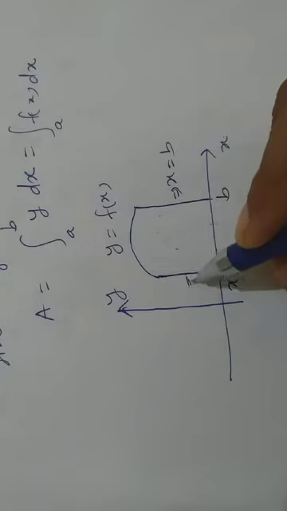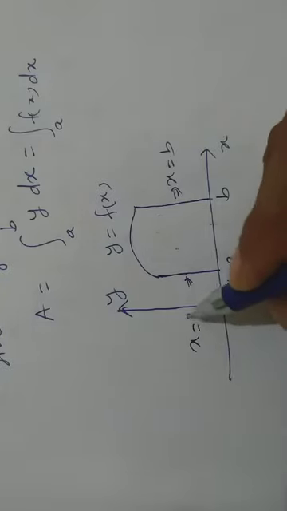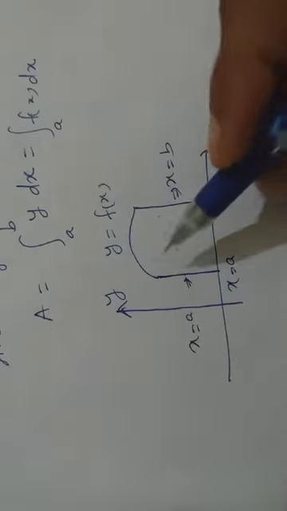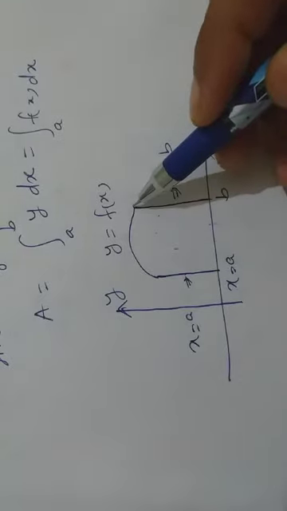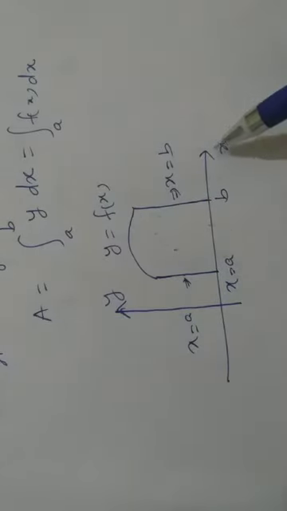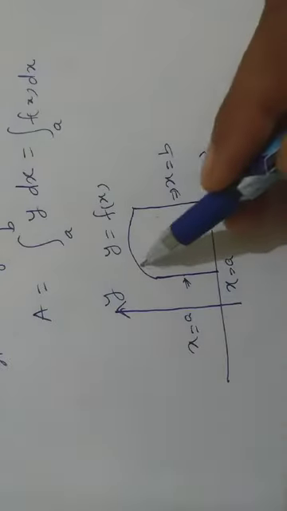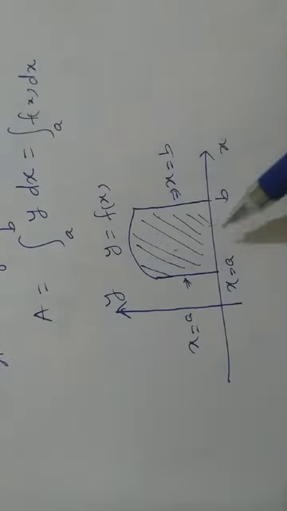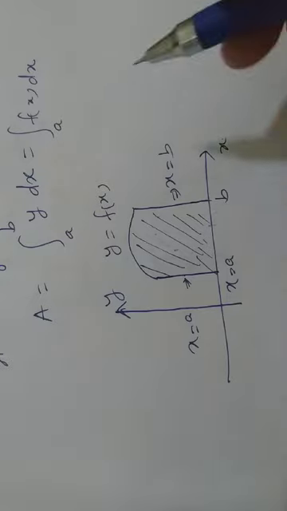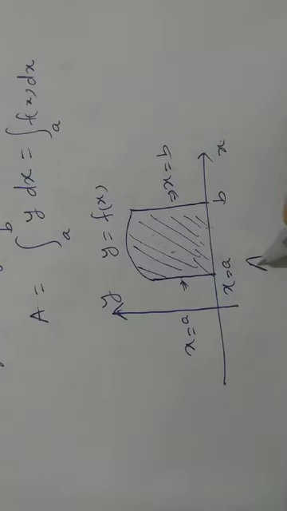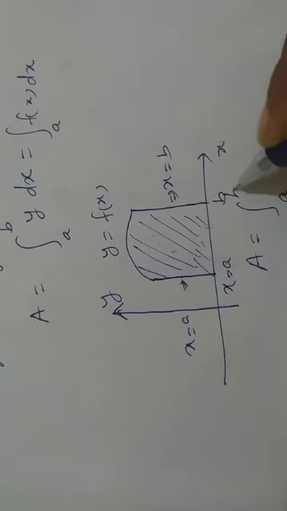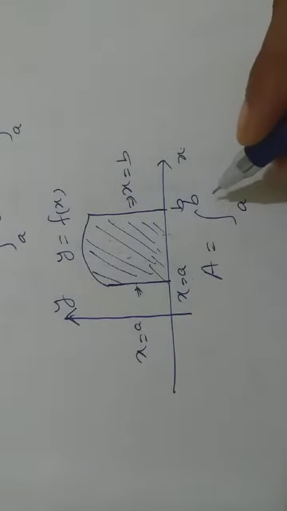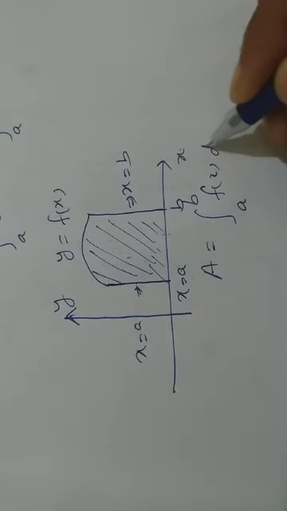So the area bounded by the curve y equal to f(x), the x-axis, and the lines x equal to a and x equal to b, that is this area. This area can be given as A equal to the integral from a to b of f(x) dx.